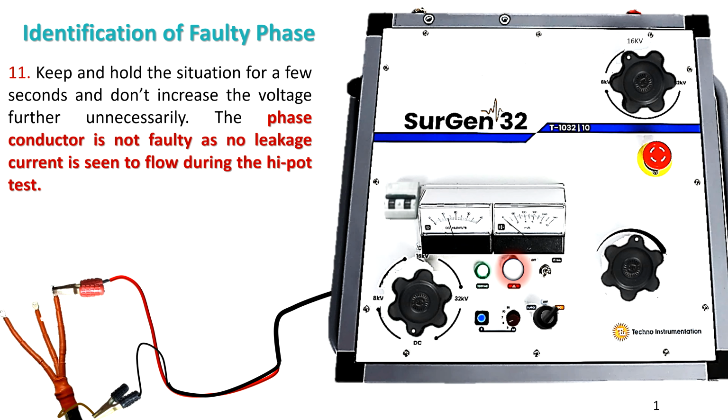Keep and hold the situation for a few seconds and don't increase the voltage further unnecessarily. The phase conductor is not faulty as no leakage current is seen to flow during this high pot test.